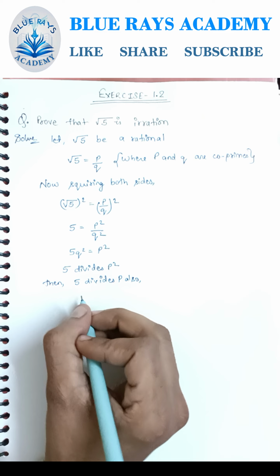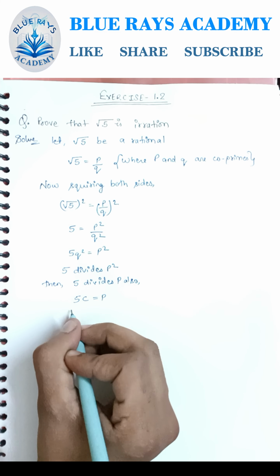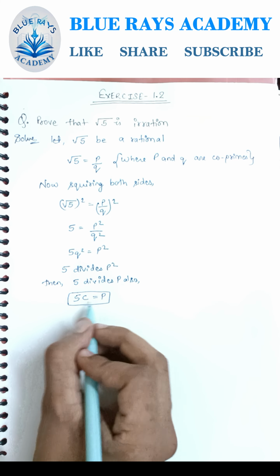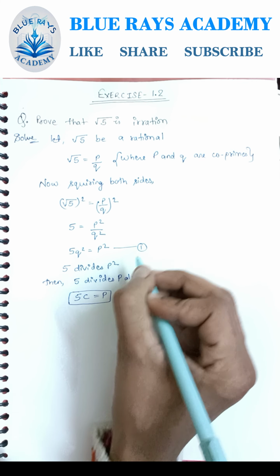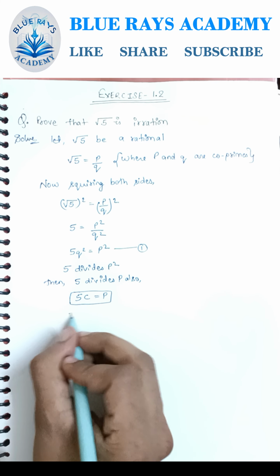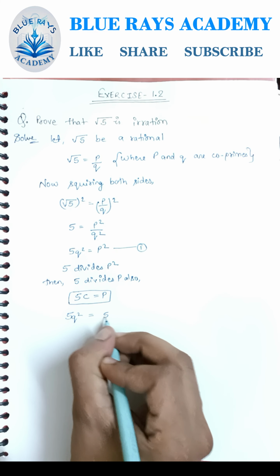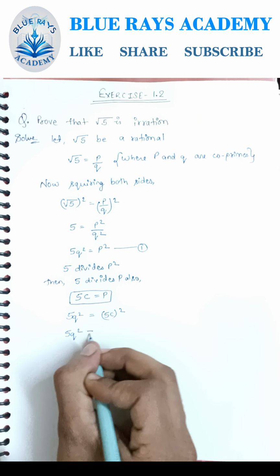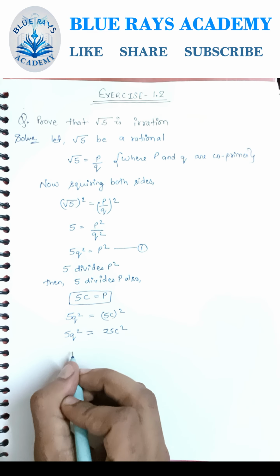Now consider that 5 divides p c times, that is p is equal to 5c. Consider that as equation 1 and put the value of p in equation 1. 5q square is equal to 5c whole square, so 5q square is equal to 25c square.